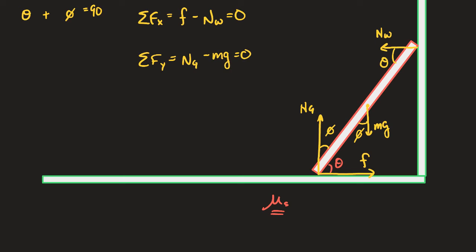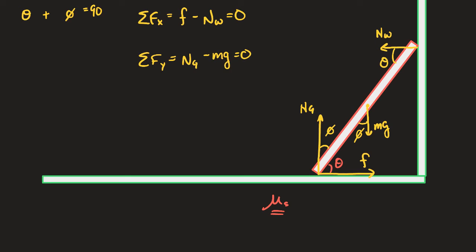All right, so let's contemplate the way this question would be asked. What would be a likely piece of given information? Mass of the ladder. Yeah, I think that'd be a likely piece of given information. Now, normal forces tend to not be given in problems like this. They tend to be reactive to what's happening in a situation. At the same time, there's a variety of ways this question can be asked.